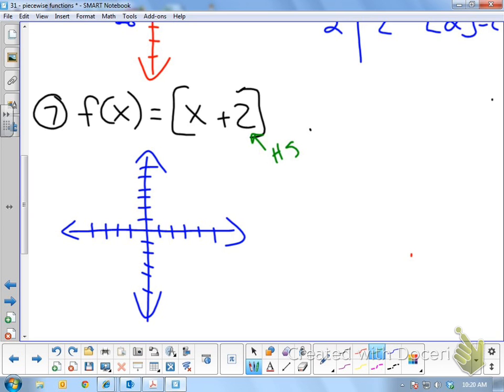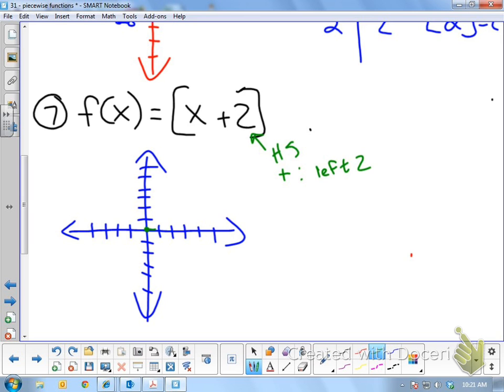And it was opposite of what we expect, so positive actually means go left 2. What if it was outside? Vertical shift, so we'd move up or down, but they didn't have a number outside, so we don't have a vertical shift.